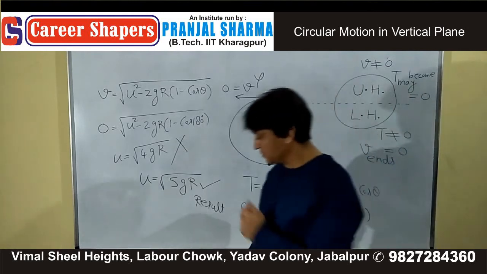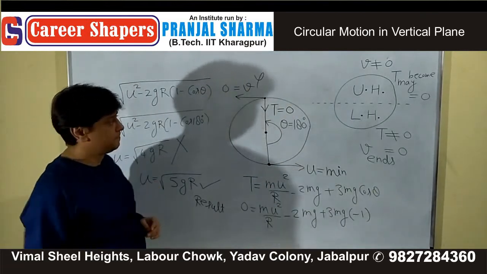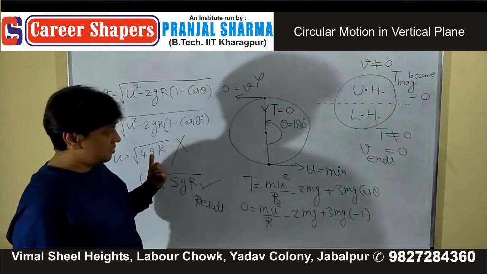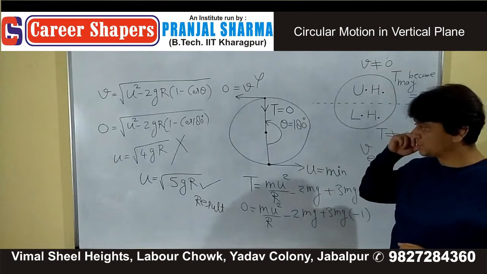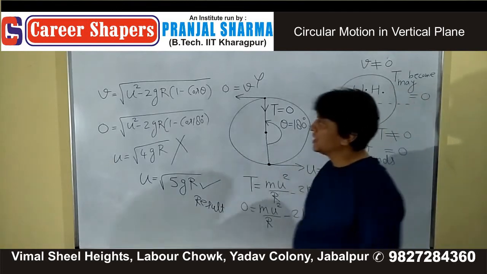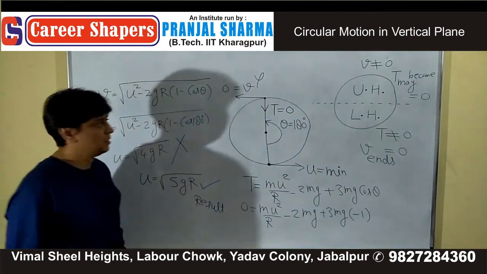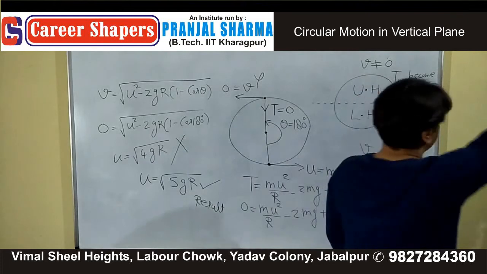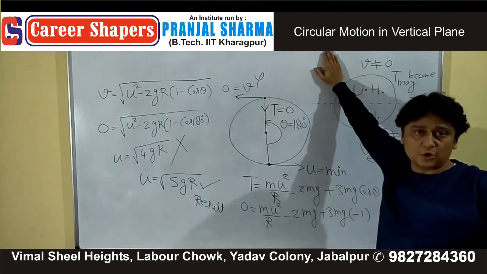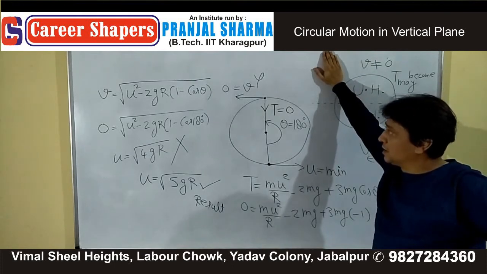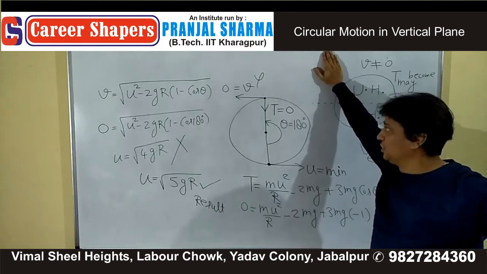Now write down the statement. If velocity at the lowest point is between root 2 gr and root 5 gr, then the object cannot complete the full circle.